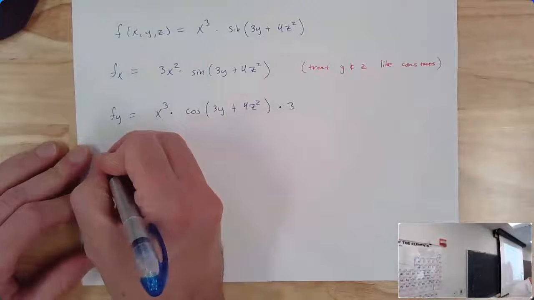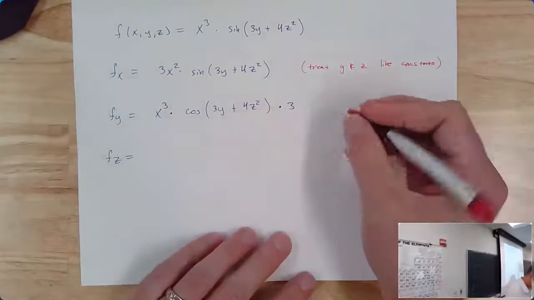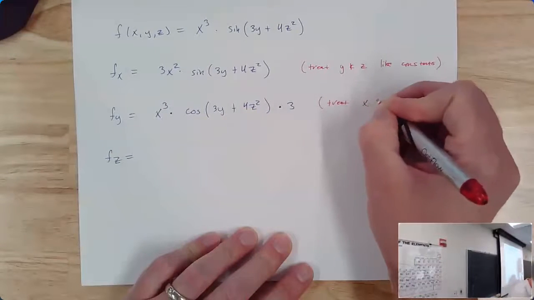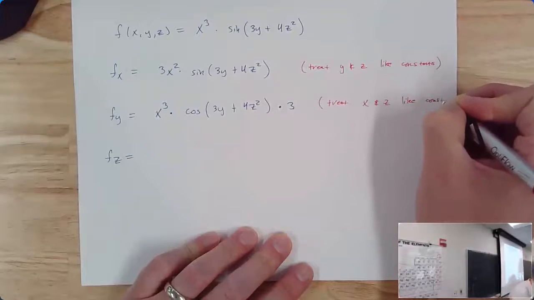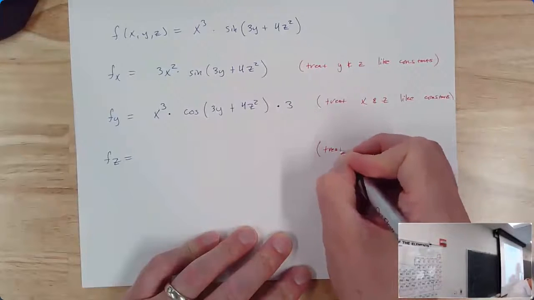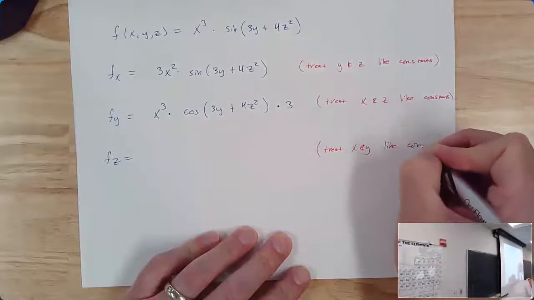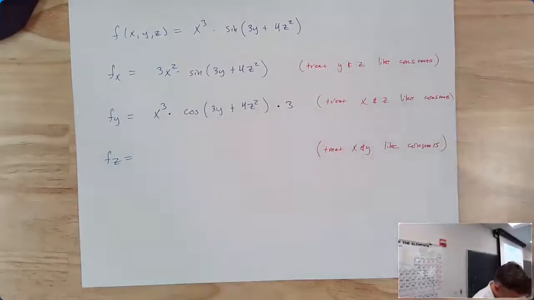So I want you all to do the last one. Find fz, the partial with respect to z.